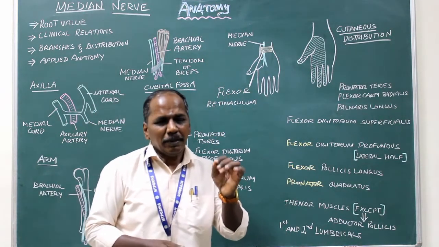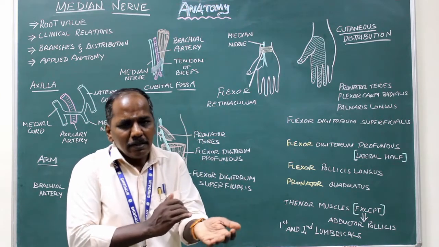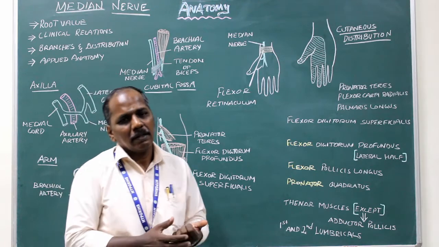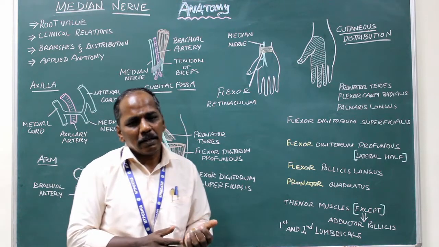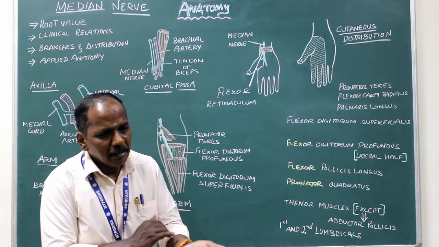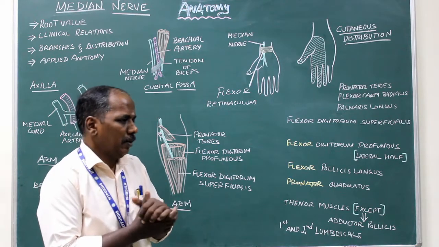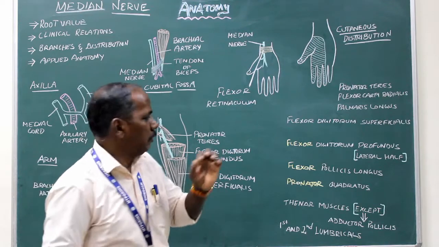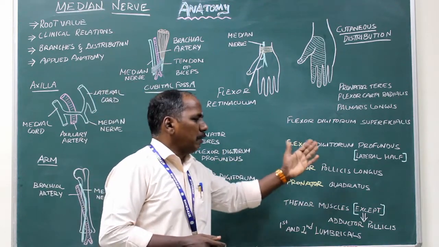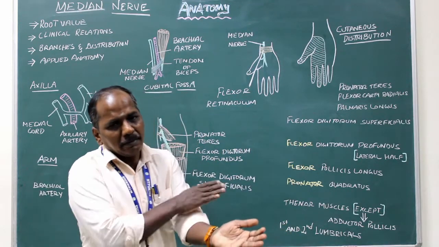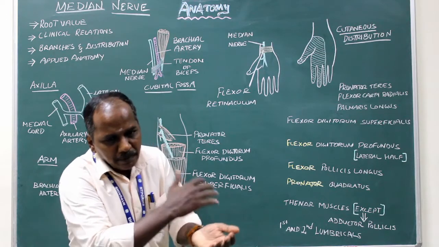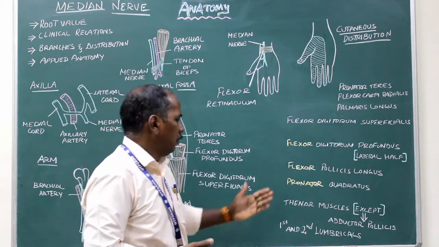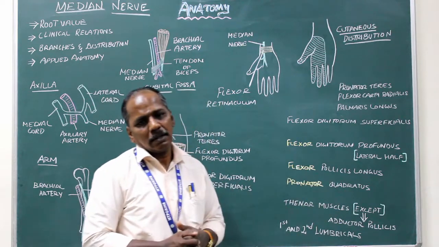It runs between the interosseous membrane and the flexor digitorum profundus. It gives muscular branches to the lateral half of flexor digitorum profundus, flexor pollicis longus, and pronator quadratus.